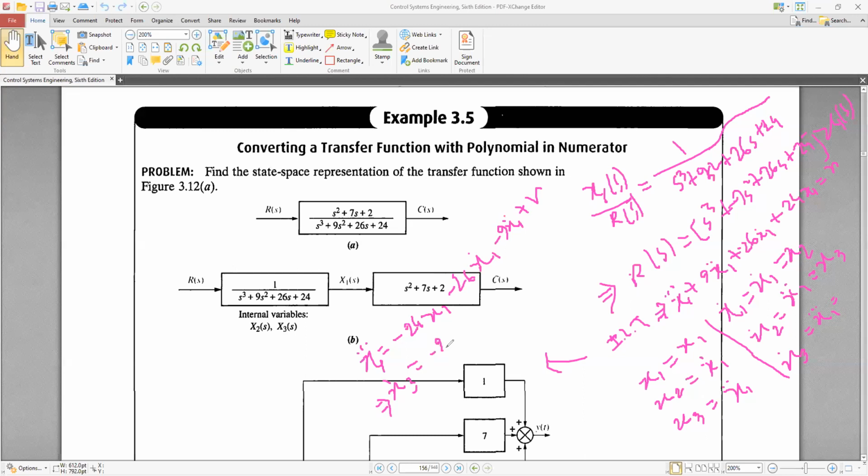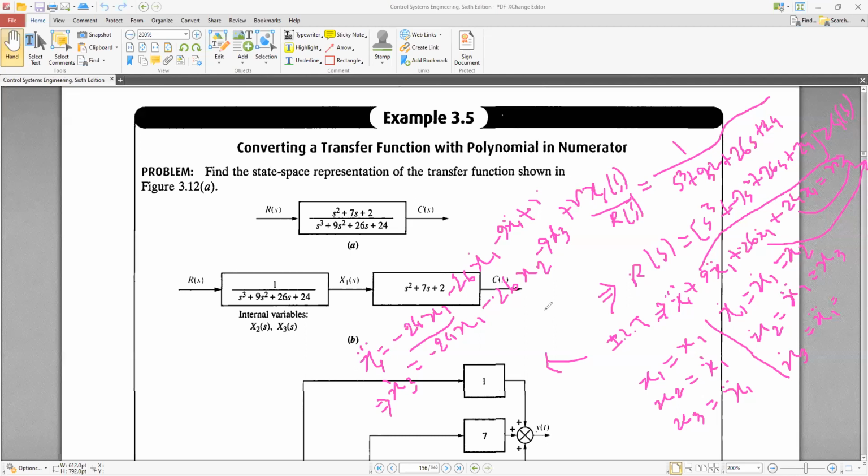So x3 dot is equal to minus 24 x1, as it is. x1 dot means x2, so minus 26 x2, minus 9 x1 double dot, which means x3, so minus 9 x3, plus r.